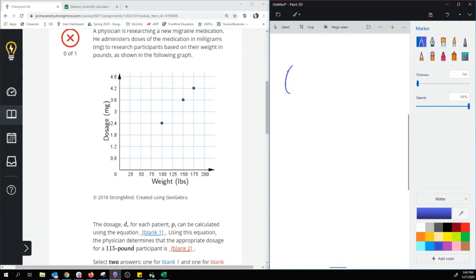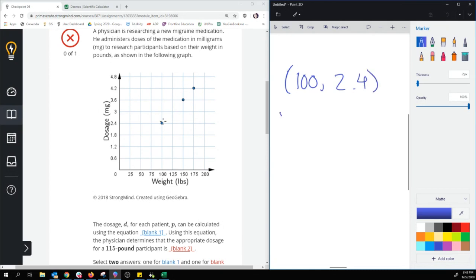If I'm looking at this first point, what would be my coordinate pair? Going all the way down and then all the way to the left, what would be my two numbers? 2.4 and 100, perfect. Remember, our bottom number comes first, so 100 comma 2.4.